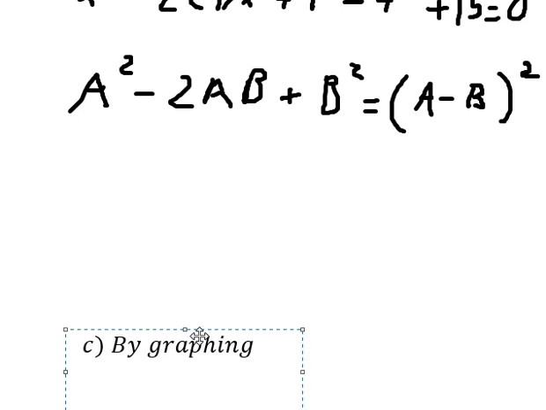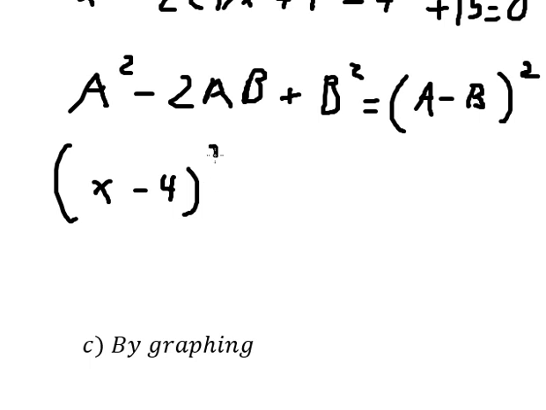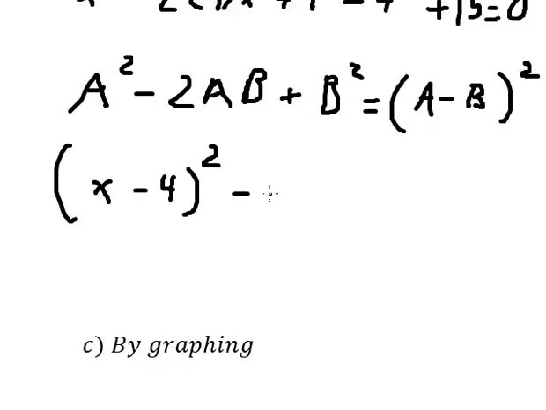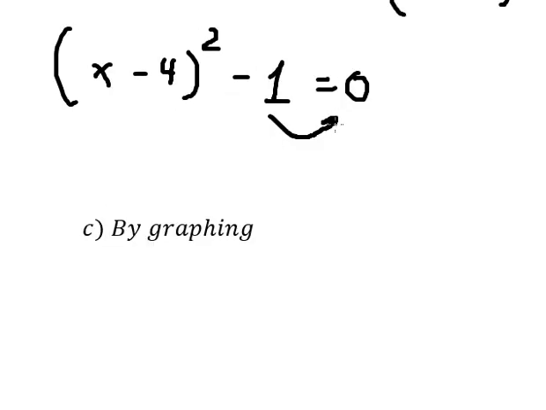So that is s minus number 4, everything to the power of number 2. 15 minus 4 square, we have negative number 1. So we put negative number 1 go to the right. So we have the positive number 1.